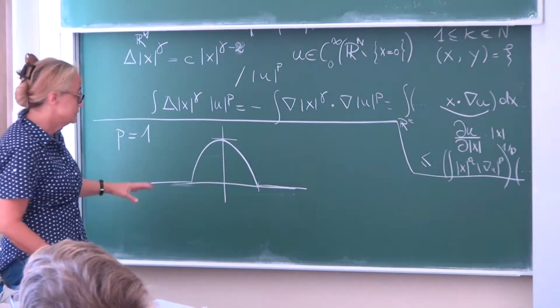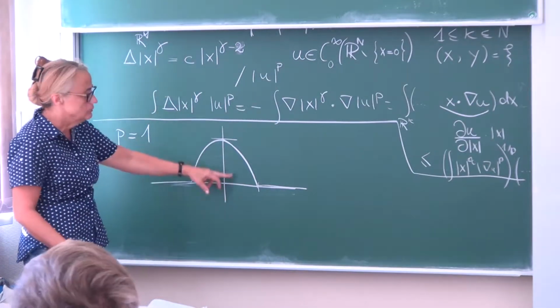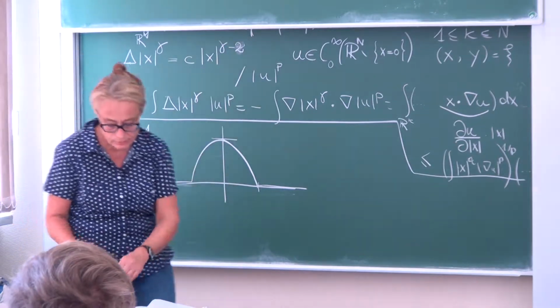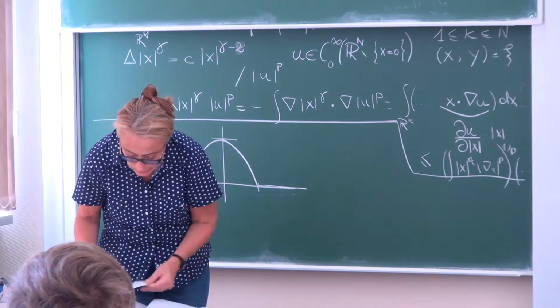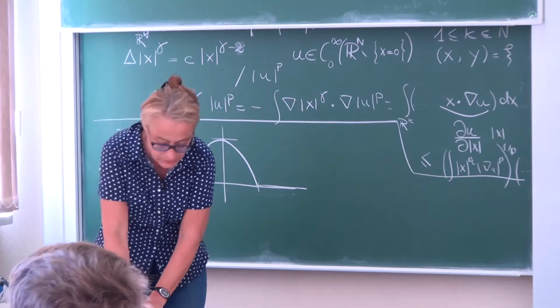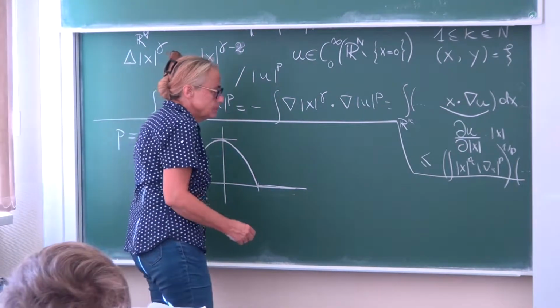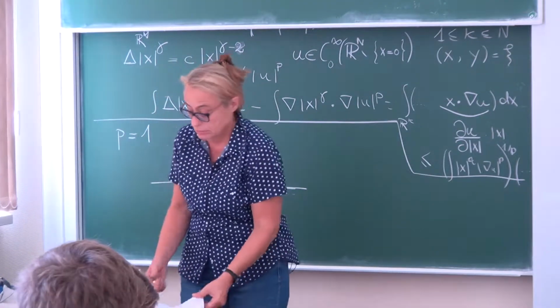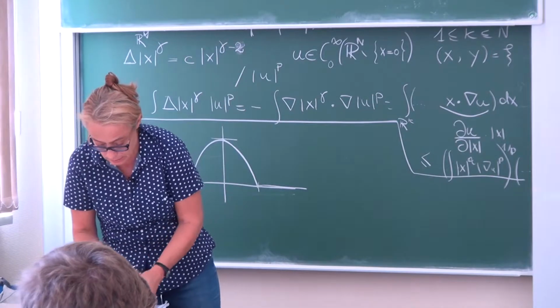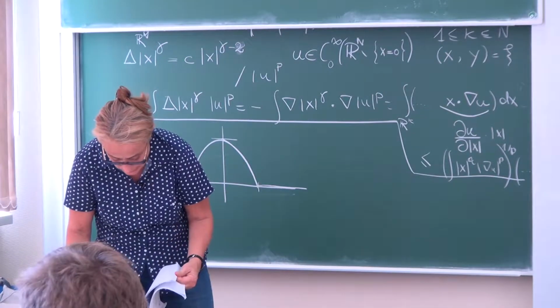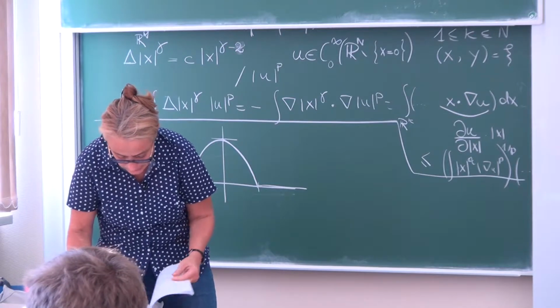All those things happen for p equals 1, but for p equals 1 you also find minimizers. And I found this simple remark in a paper by Grunau, Mitidieri, and somebody else.